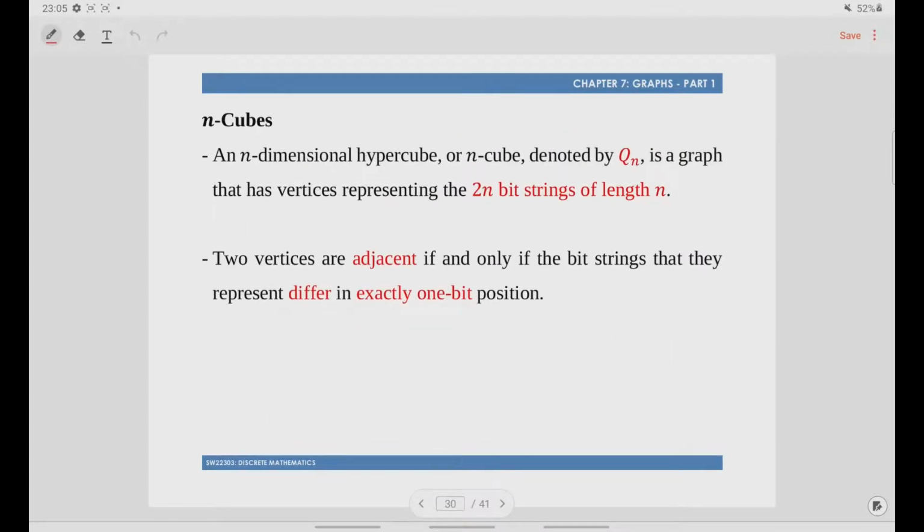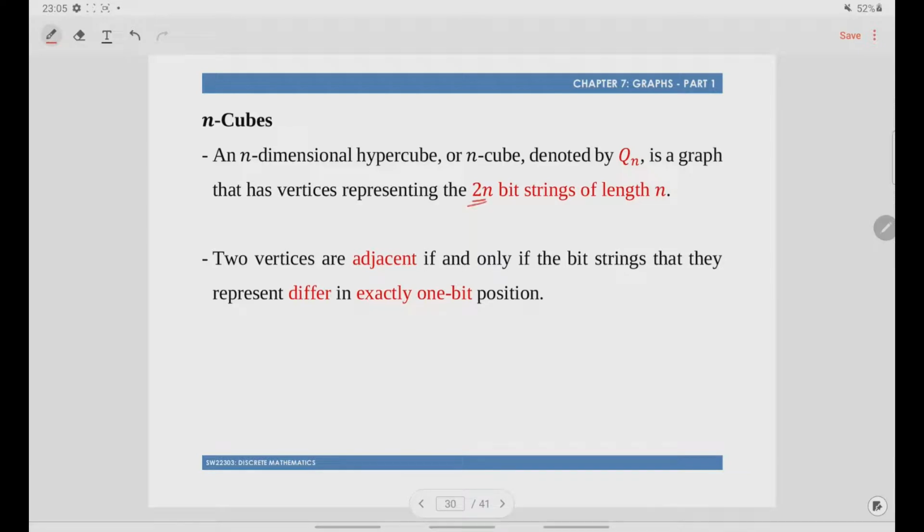We move to cubes. So what is a cube? An n-dimensional hypercube, or simply known as an n-cube, denoted by Qn, is a graph that has vertices representing the 2^n bit strings of length n.